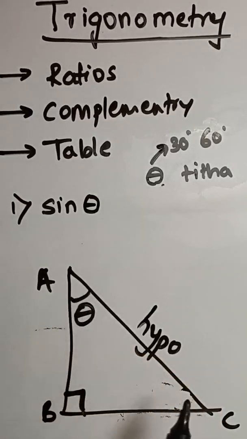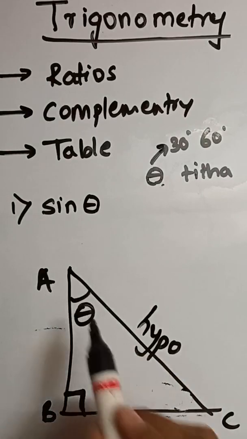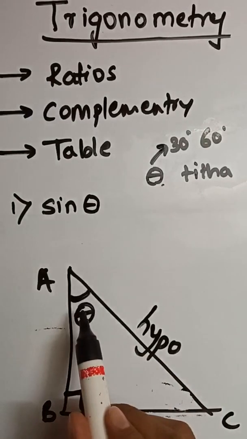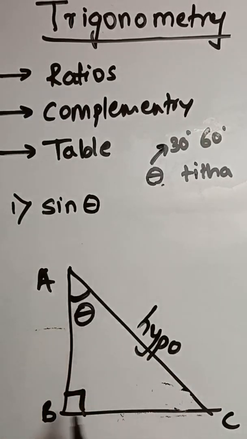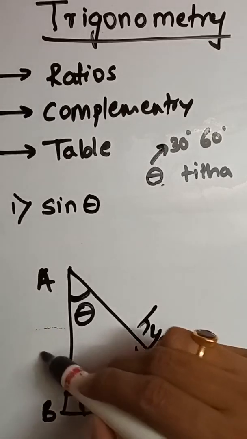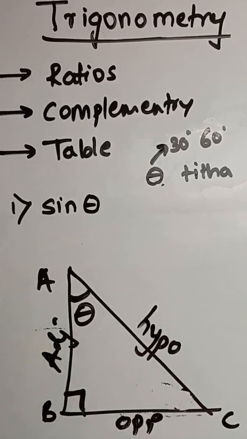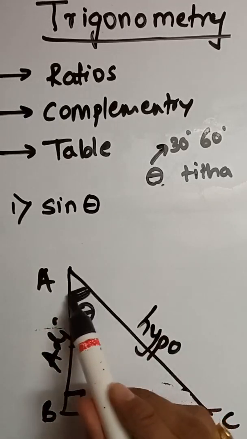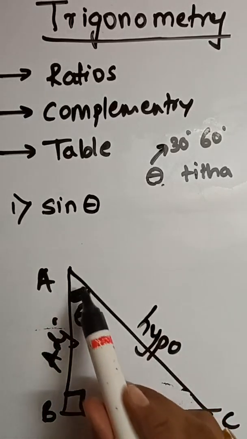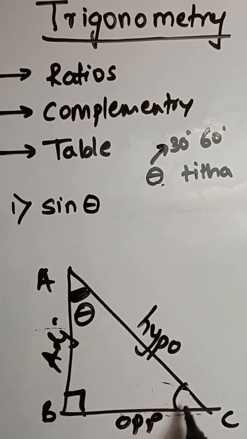Theta can be this angle or this angle, the remaining two angles. If I take this angle as theta, the side which is opposite to theta will be this BC. So this will become the opposite side, and this third side will become the adjacent. So depending upon where theta is, the opposite side will change. If the theta is here, the opposite is this. If the theta is here, the opposite side will be this. Okay, so you know what are these three sides.